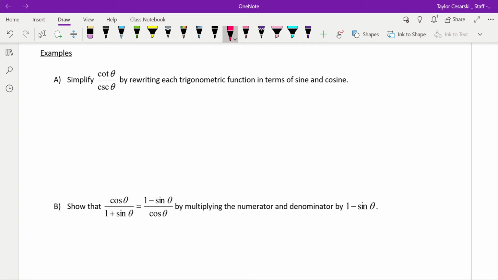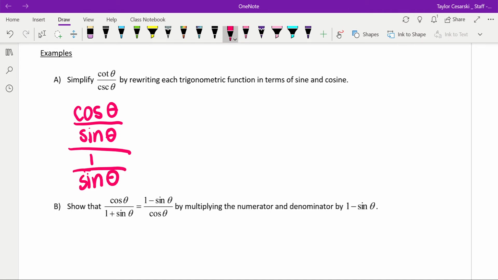All right, so simplify cotangent over cosecant by writing each trig function in terms of sine and cosine. So cotangent I can write as cosine of theta over sine of theta. Over cosecant I can write as 1 over sine of theta.